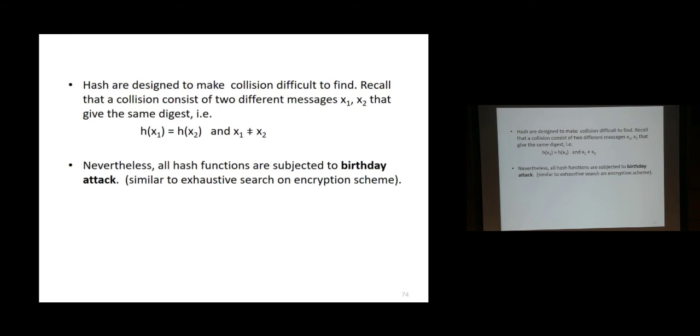Because the digest is 160 bits, you randomly pick two and see whether they collide. And what is the chance that you hit it? The chance will be 1 over 2 raised to the power 160.